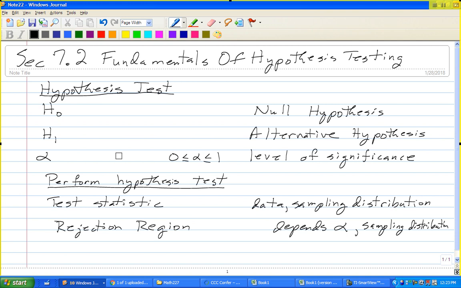Instead of the rejection region, maybe I'll put in parentheses, or a p-value, which depends on the test statistic and the sampling distribution.